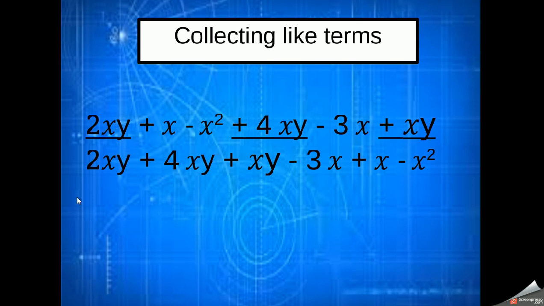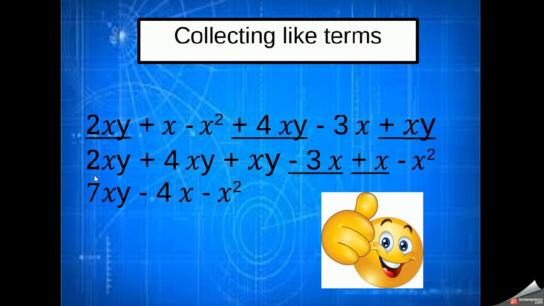So I change this to 2xy plus 4xy plus xy minus 3x plus x minus x squared. And so this now is 7 lots of xy. Because the minus 3x and the plus x are next to each other here, again, similar terms because they're both x's to the power of 1, I can now simply do minus 3 add the 1, and my mistake by here, this should read minus 2x, and then at the end is a minus x squared.